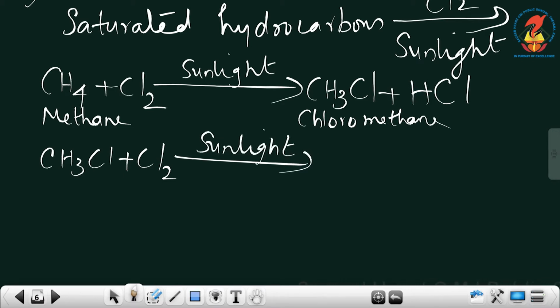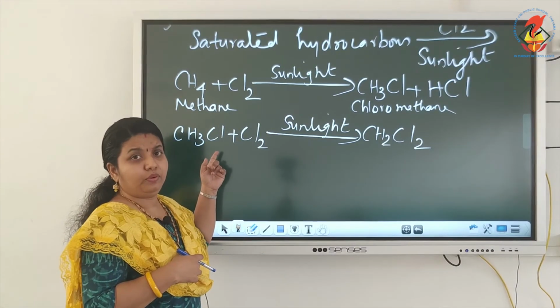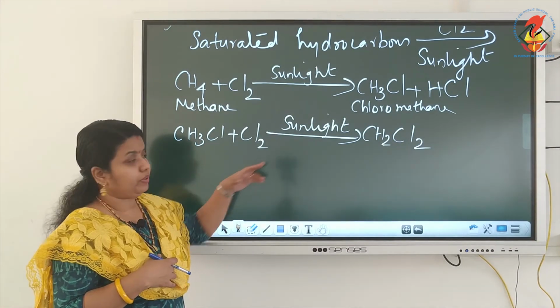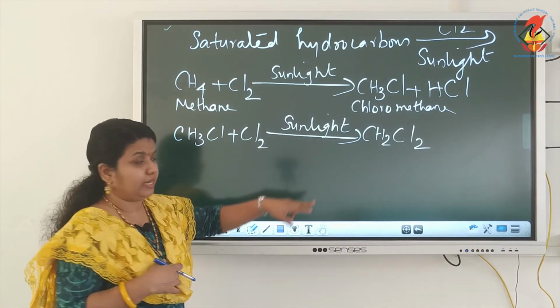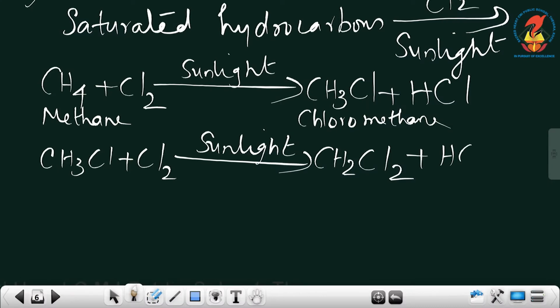So, what happens? Again one hydrogen is replaced. It had 3 hydrogen atoms. One hydrogen from these 3 is removed. So, it becomes CH2Cl2 plus HCl. Then, its name is dichloromethane.